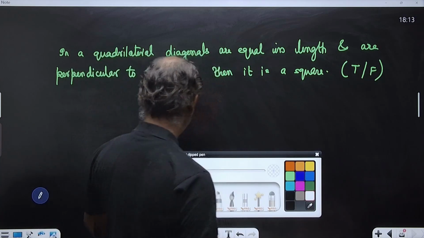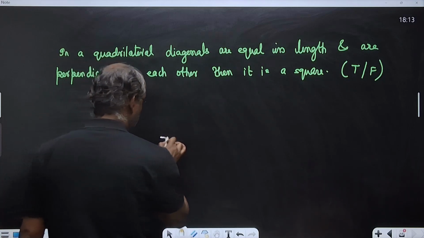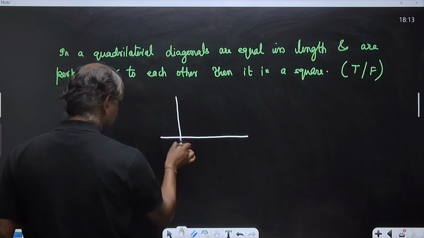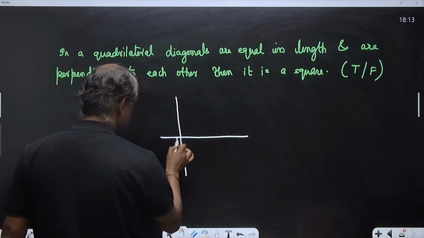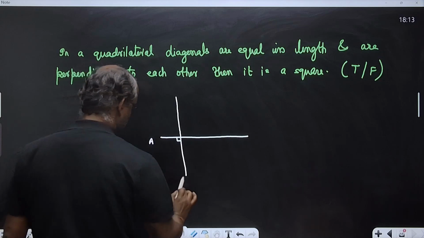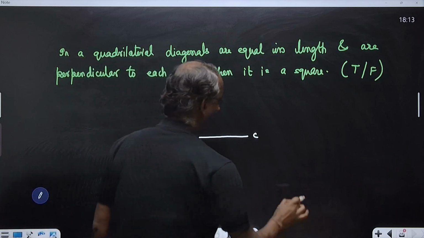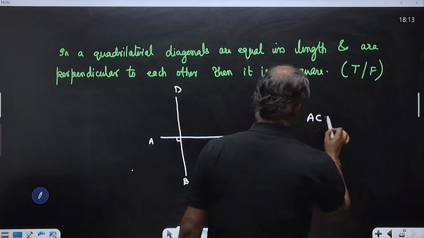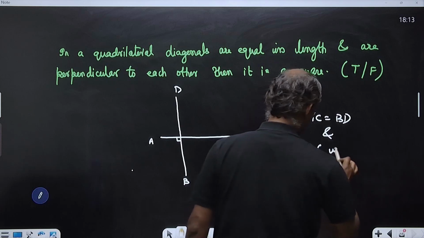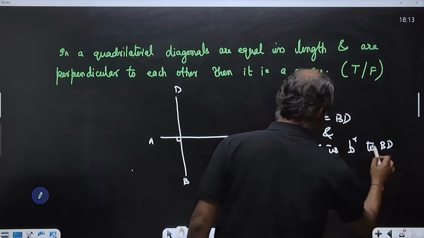See, I am drawing two lines which are perpendicular to each other and are equal in length. Say this is A, B, AC is equal to BD and AC is perpendicular to BD.